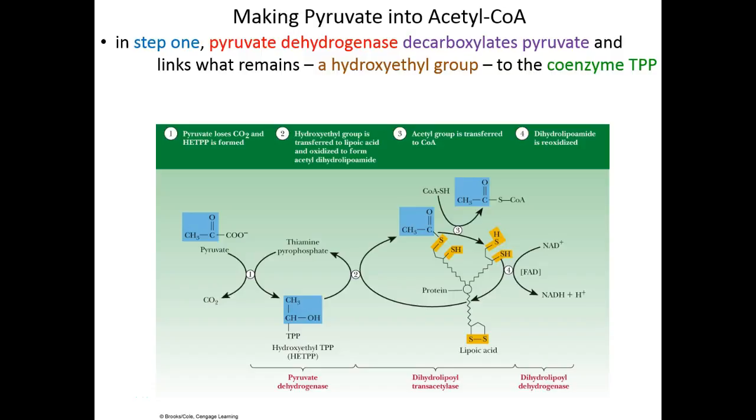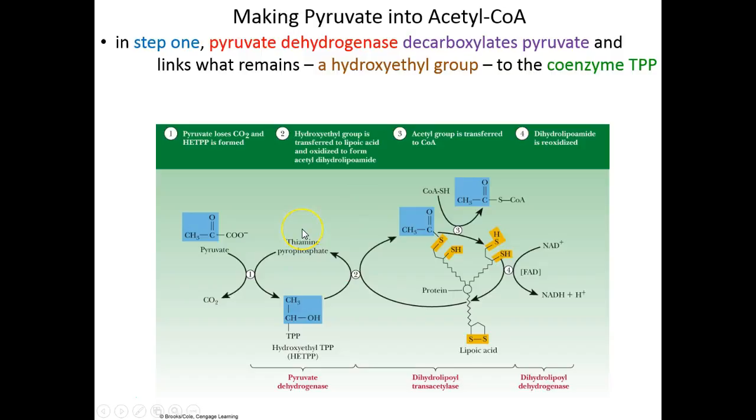Step 1 of the conversion of pyruvate into acetyl-CoA by the PDC is catalyzed by an enzyme subunit called pyruvate dehydrogenase. Pyruvate dehydrogenase decarboxylates pyruvate. Right there in step 1, we release a carbon dioxide. That means we've gone from 3 carbons to 2, and what remains, what's shaded in blue here, referred to as a hydroxyethyl group, is linked onto a coenzyme called TPP.